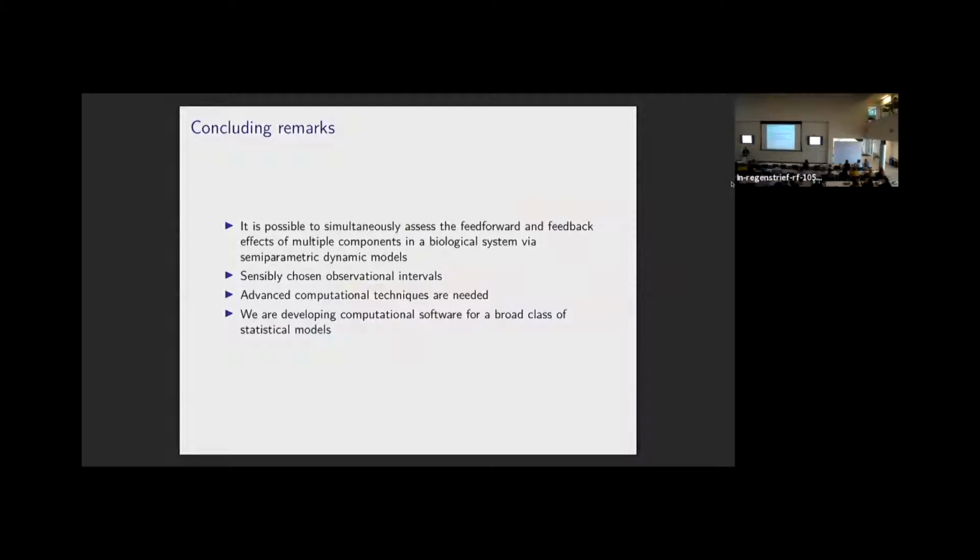So just to end this presentation, we have put forward a model that simultaneously assesses both the feed forward and the feedback effects of multiple components in a biological system. And I like to think that the same model can also be used to model feedback loops in other types of applications.